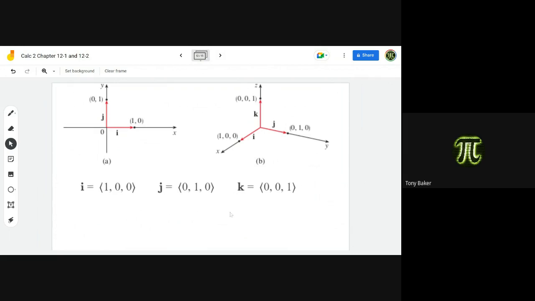We have i, j, and k. They correspond to your x, your y, and your z. So i is 1, 0, 0, j is 0, 1, 0, and k is 0, 0, 1.